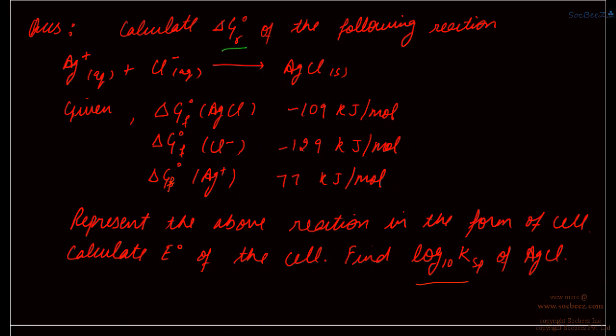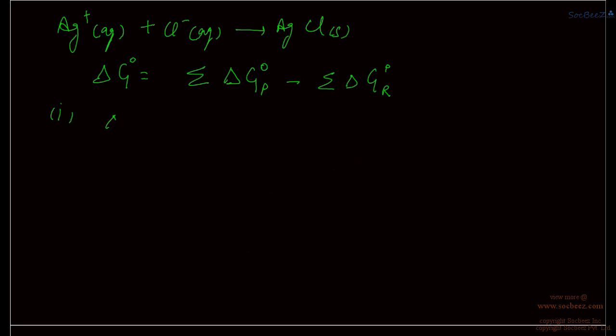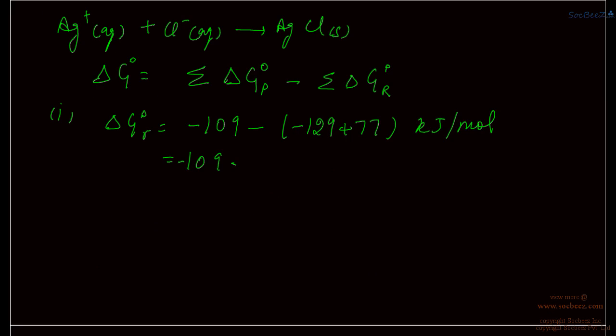The first part of the question asks us to calculate the value of delta G of reaction. So delta G naught will be minus 109 minus 129 plus 77 kilojoule per mole, or minus 109 plus 129 minus 77 equals minus 57 kilojoule per mole.